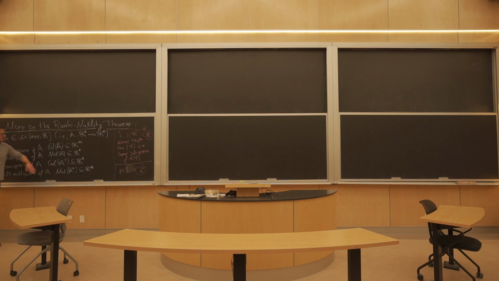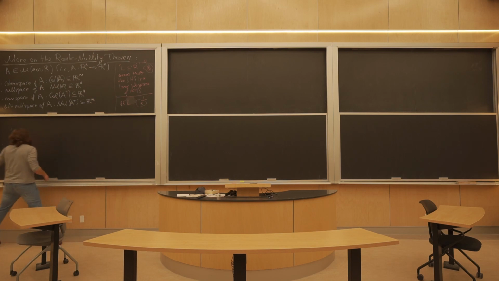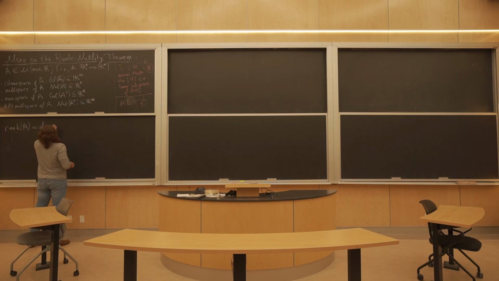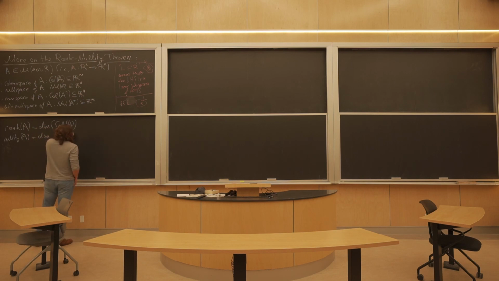Dimensions of these four spaces we call rank and nullity. So, rank of A equals the dimension of the column space of A. Nullity of A is the dimension of the null space of A. Now, the dimensions of the row space and the left null space, they don't seem to have a specific name.